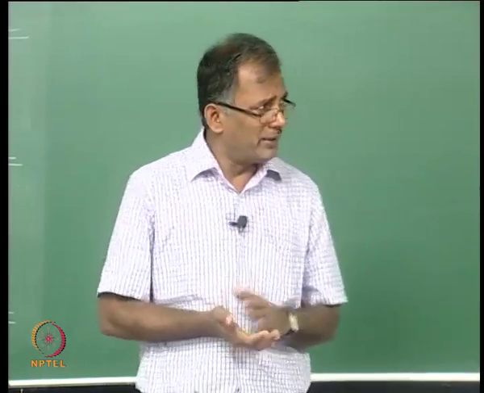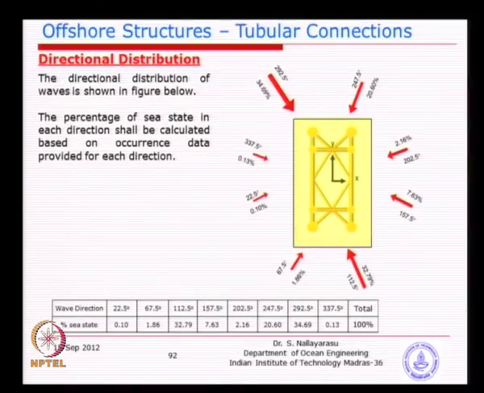By inspection, for most rectangular frame structures, if you apply 8 directions, you will be covering most of the cases. So, a typical distribution you see here at the bottom, in the table. We have picked up these directions which, as designers, we know are going to cause maximum stresses.